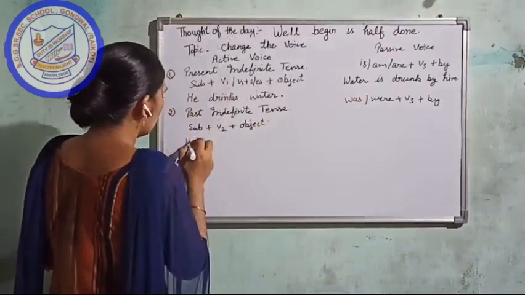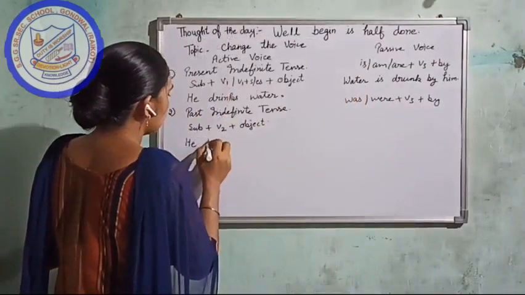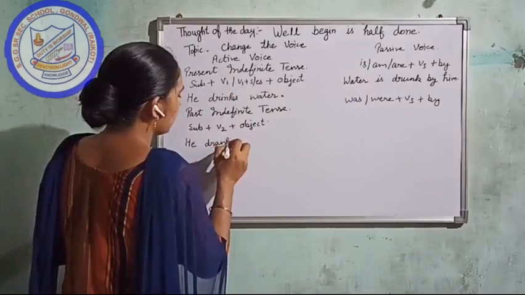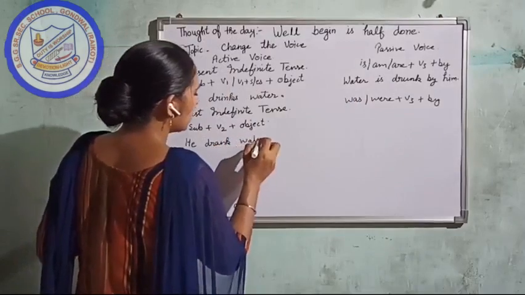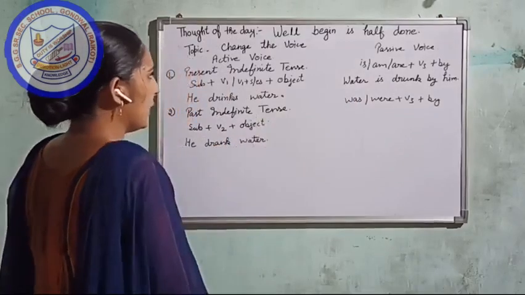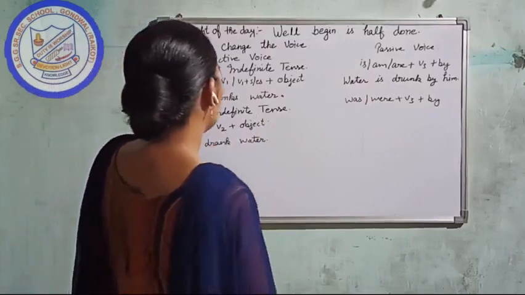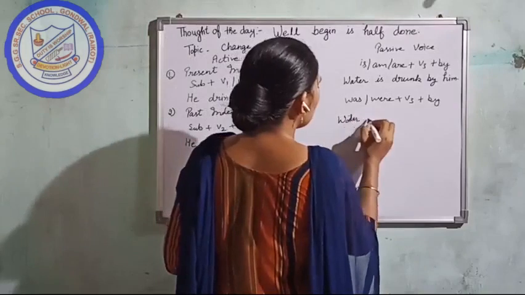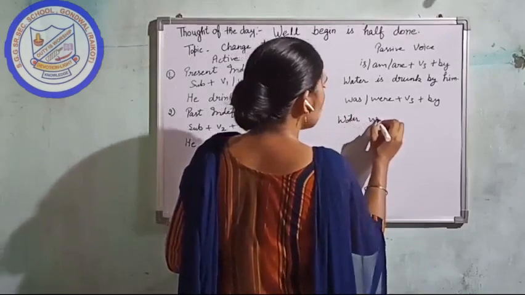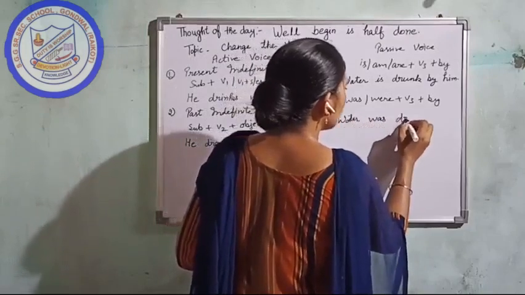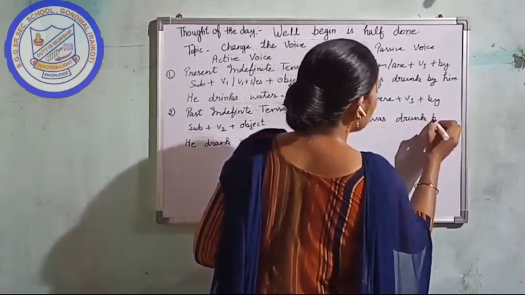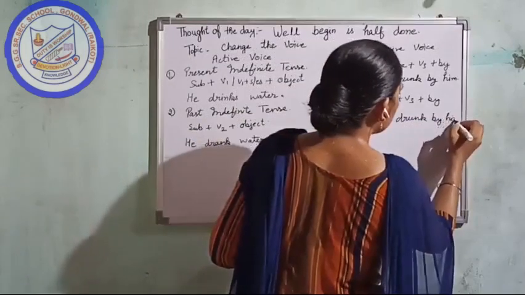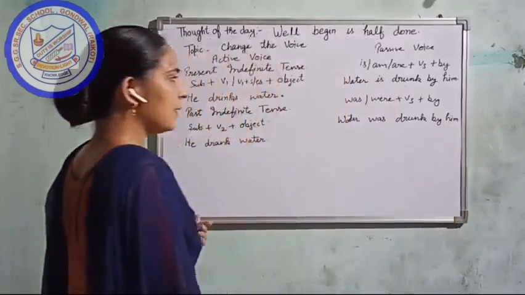Example, he drank water. In passive voice, what will we write? Water was drunk by him. Easy? Yes.